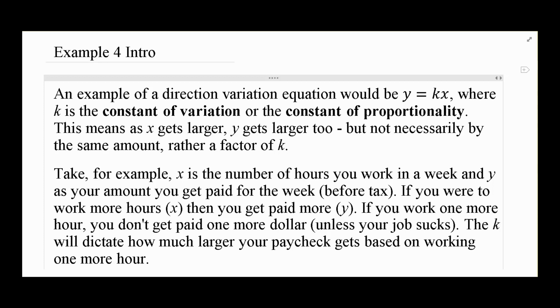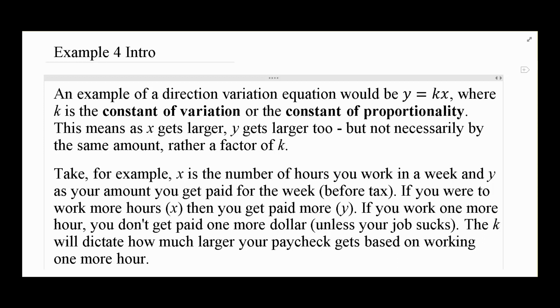The example I have written down here is if x is the number of hours you work in a given week, and y is the amount you get paid for the week before tax, then this could be a direct variation problem, because as you work more hours, you're going to get paid more. In this case, your constant of proportionality is going to be your hourly rate.